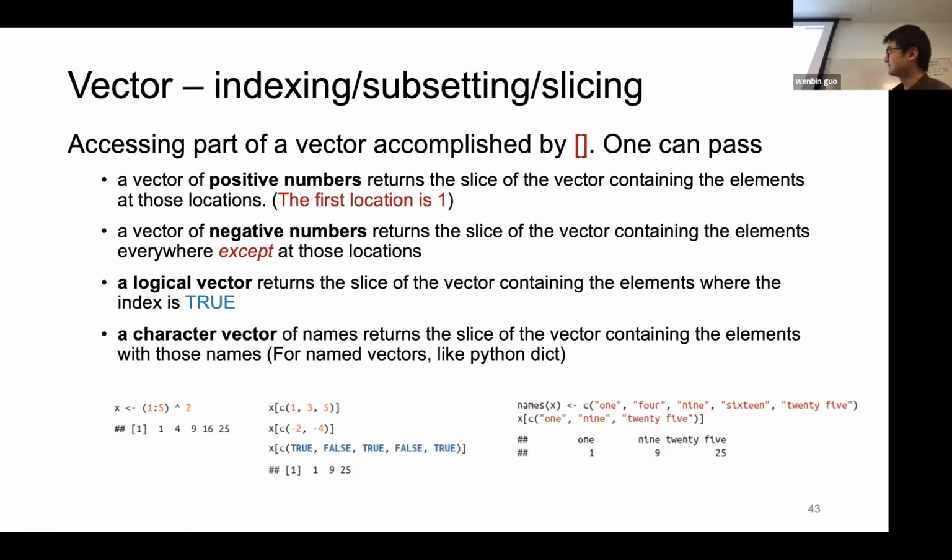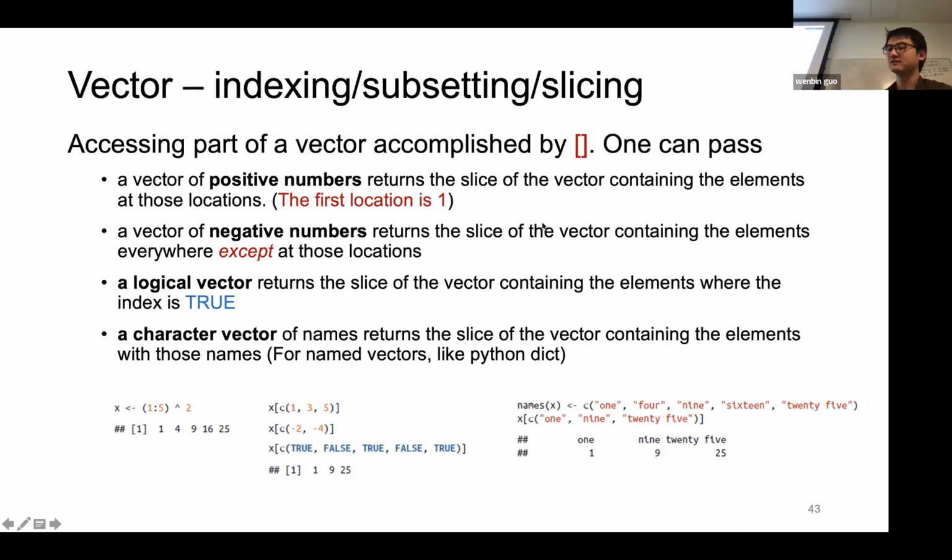I think one important topic is indexing. Indexing can also be referred to as subsetting or slicing. Basically, you don't want to access the whole data, but you are only interested in a smaller portion of it. So how can you access it?